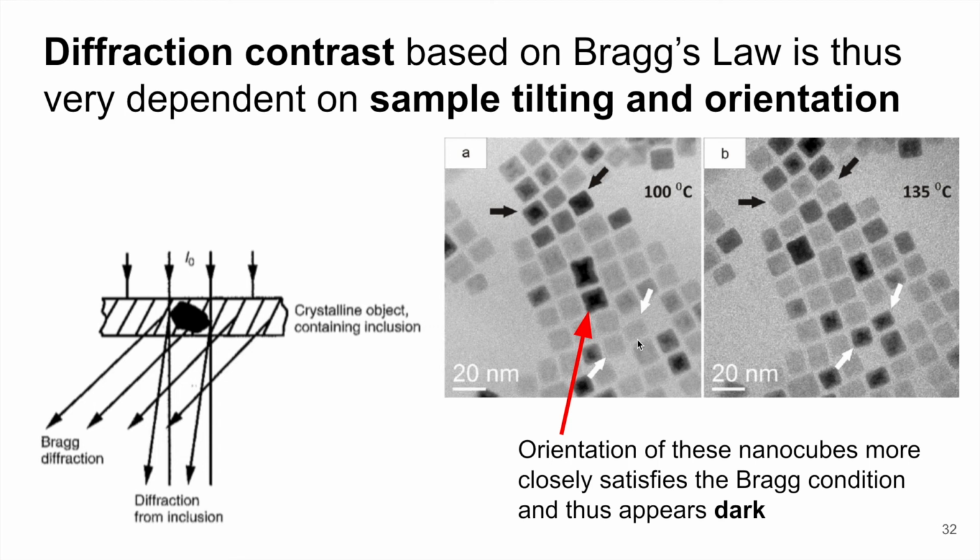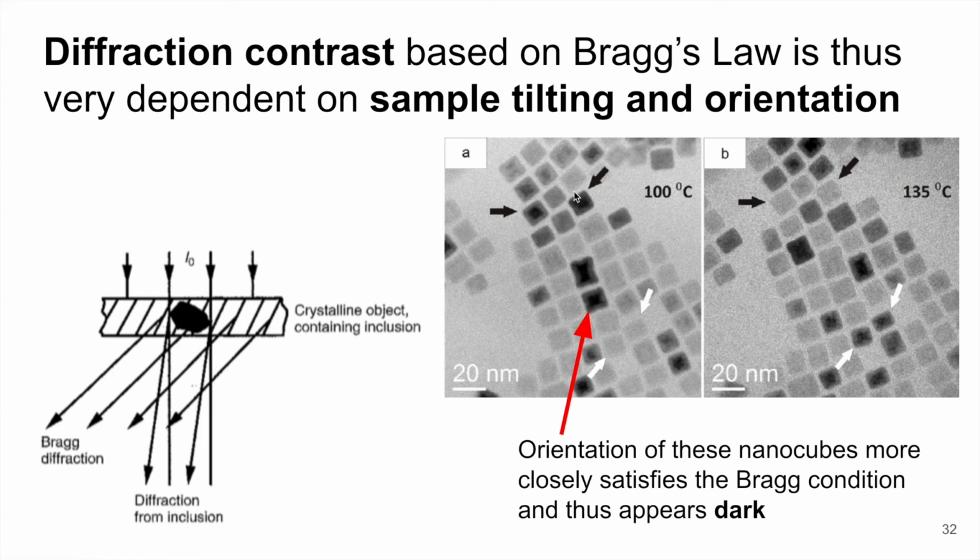They're nanoparticles of a certain material that are in a cube shape, and they tend to grow in different crystallographic directions and planes. The ones that are dark here are those that are at the right orientation with respect to the electron beam, such that they satisfy the Bragg condition from Bragg's law, and therefore appear dark.